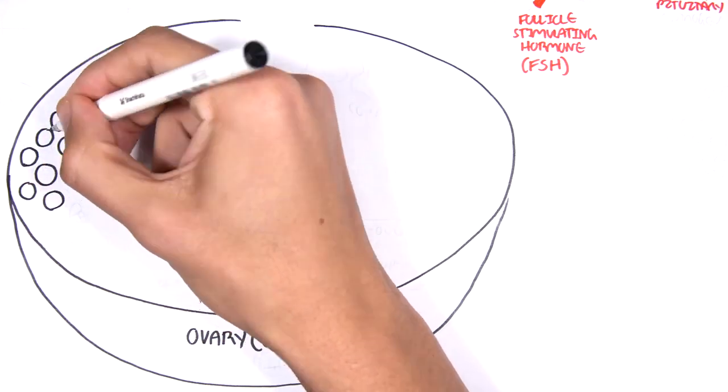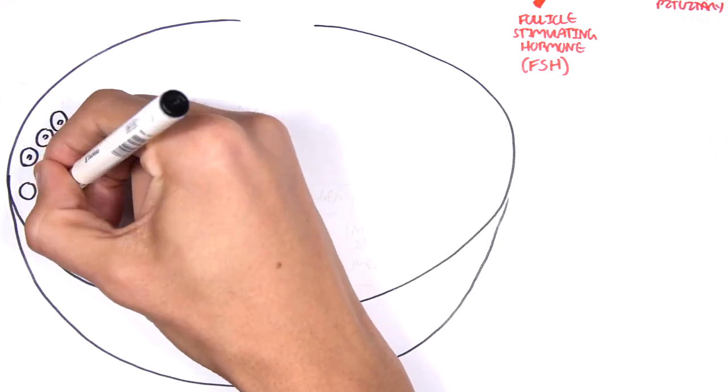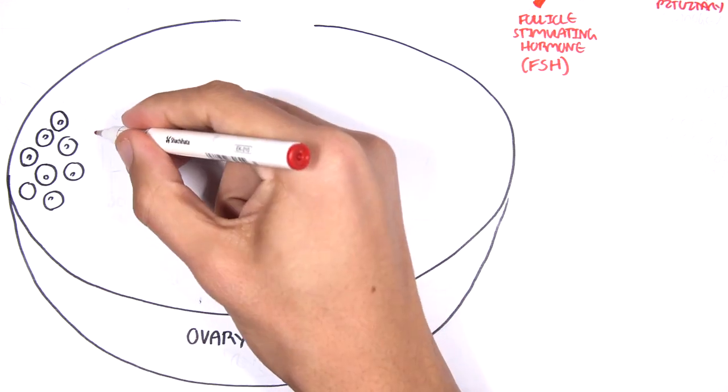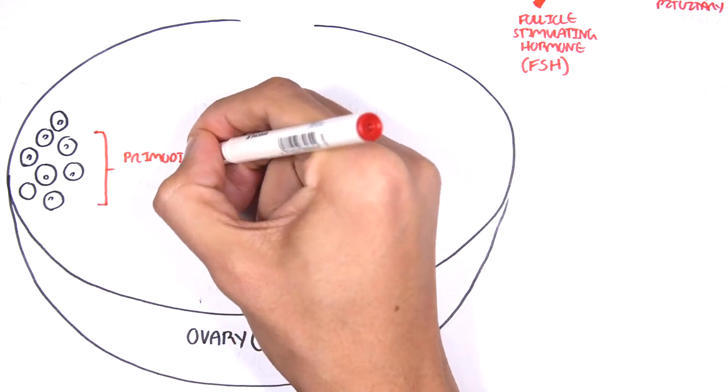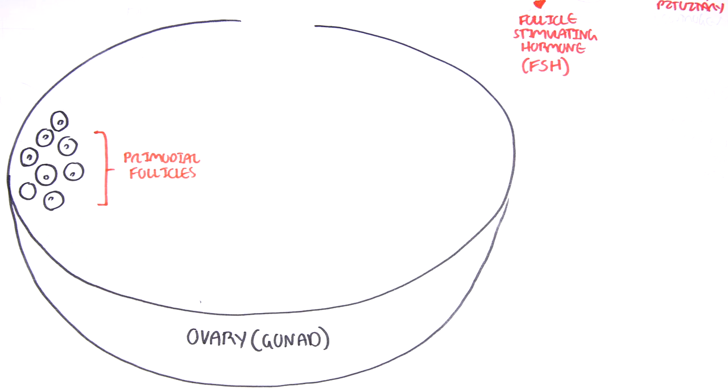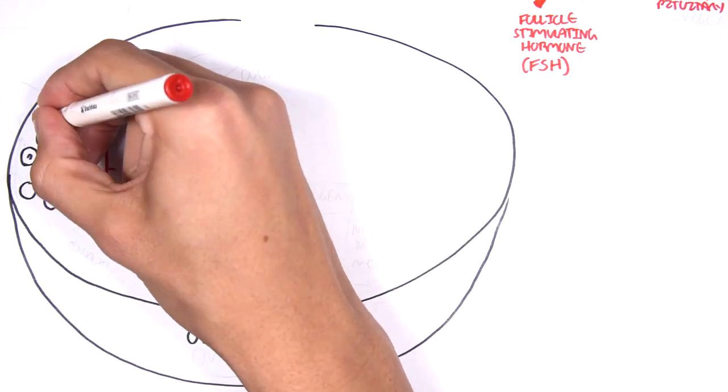What follicle-stimulating hormone aims to do is to stimulate the maturation of primordial follicles in the ovaries here. In the ovaries, you have heaps of primordial follicles ready to mature. These primordial follicles have follicle-stimulating hormone receptors.